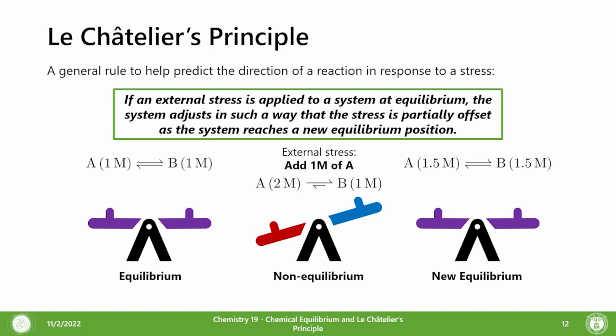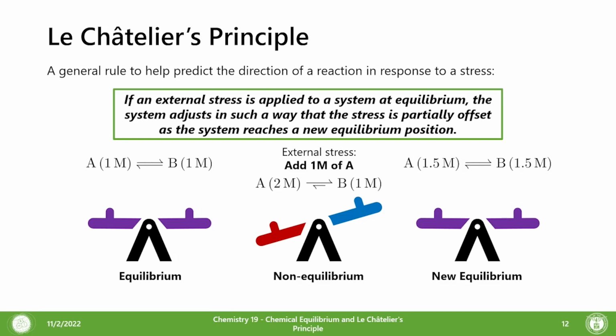Le Chatelier's principle is generally a rule to help us predict the reaction and its direction in response to a stress. So if an external stress is applied to a system at equilibrium, the system adjusts in such a way that the stress is partially offset as the system reaches a new equilibrium position. Okay, Le Chatelier's words, not mine.